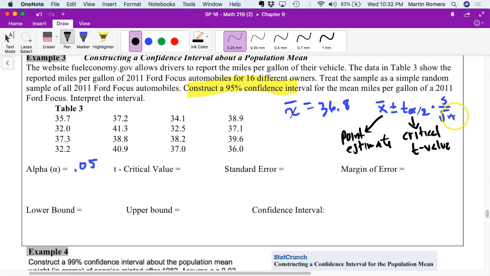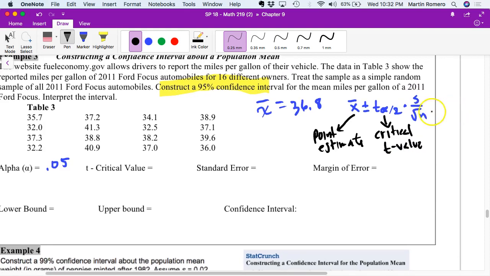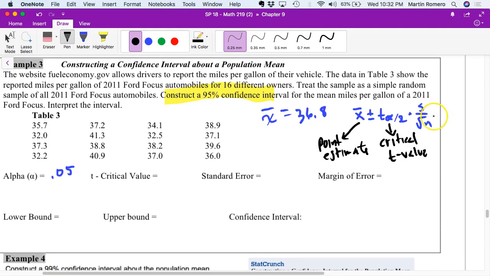That's your standard deviation, and s over the square root of n is what we call the standard error, as you recall from a previous lesson. Those are the values we need to construct a confidence interval.